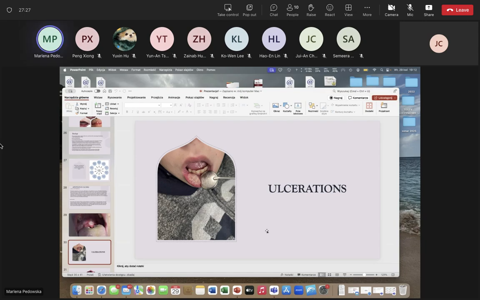The next part will be quite common lesions. Usually they are ulcerations, and the ulcerations can be traumatic. As you can see in this picture, this is a young child who did not follow what was indicated. After the procedure, we informed about not eating for 2 hours, and the kid was unsupervised and was playing with the mucous membrane, chewing on it.